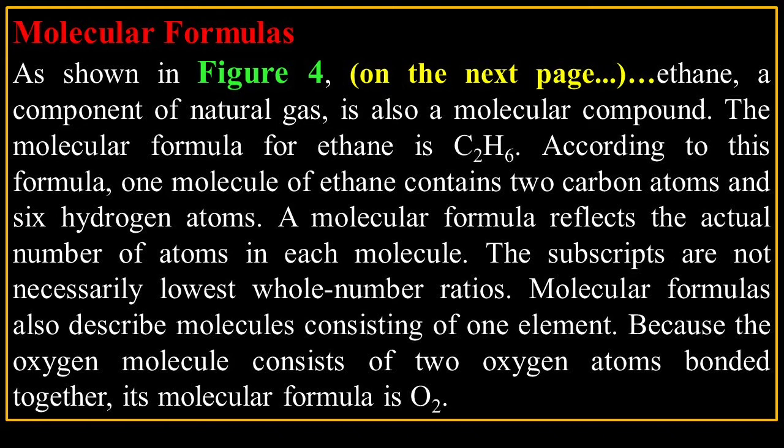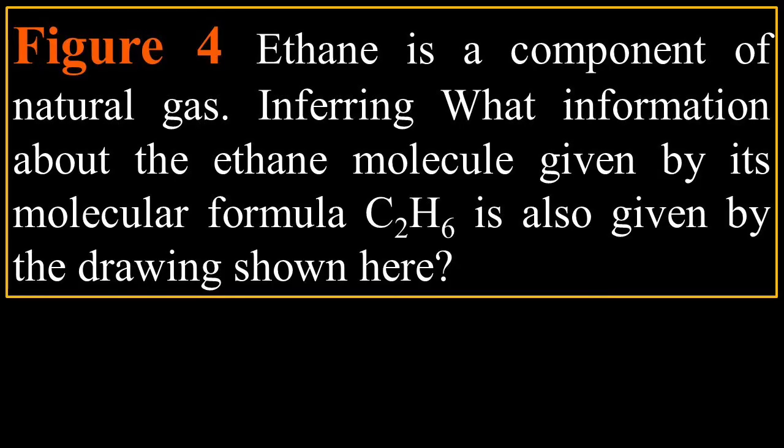Molecular formulas also describe molecules consisting of 1 element. Because the oxygen molecule consists of 2 oxygen atoms bonded together, its molecular formula is O2, such as H2, 2 atoms of hydrogen. Ethane is a component of natural gas.